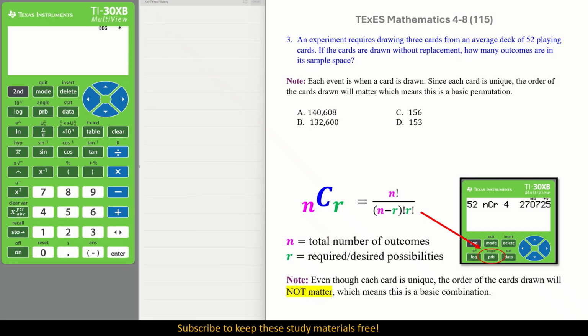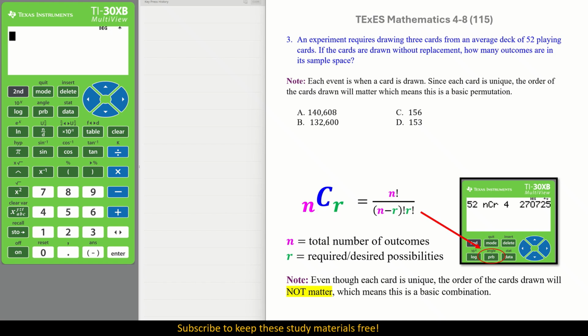Number 3, an experiment requires drawing 3 cards from an average deck of 52 playing cards. If the cards are drawn without replacement, how many outcomes are in its sample space? Note, each event is when a card is drawn.